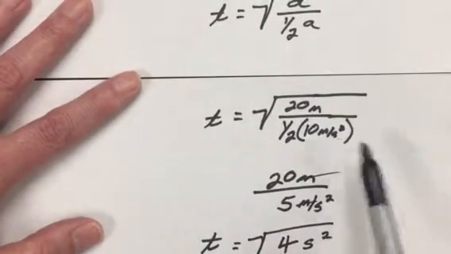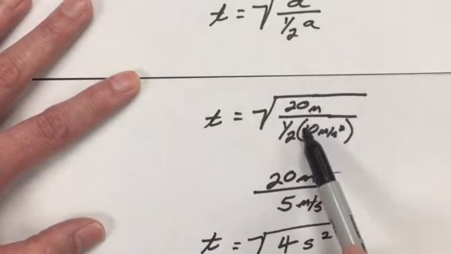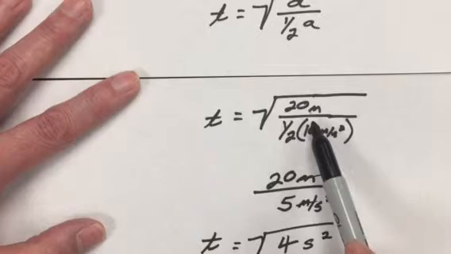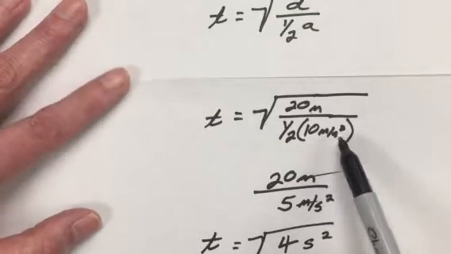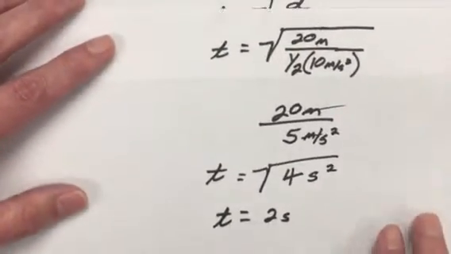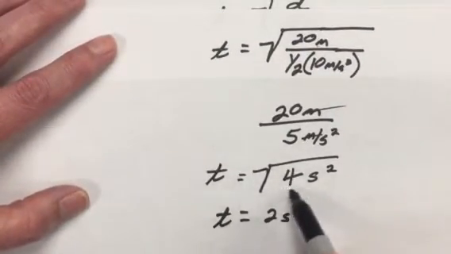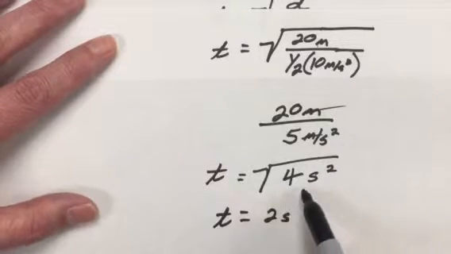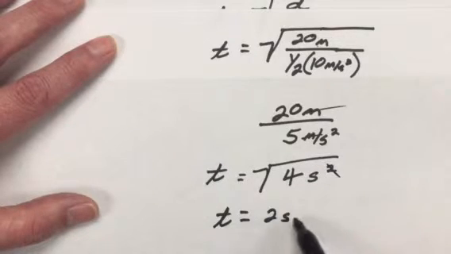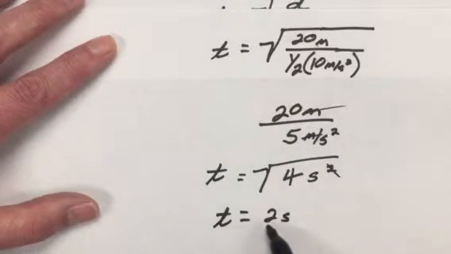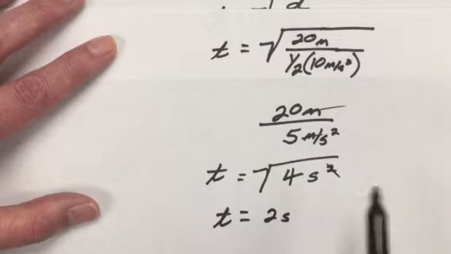Our problem gave us 20 meters as our distance that it fell, and we divided that by 1/2 times the acceleration due to gravity. Did all our math on that, and that's going to come out to be the square root of 4 seconds squared. The square root of 4 is 2. The square root is going to take care of that square there, so we'll mark it out. So you wind up with the time equals 2 seconds.